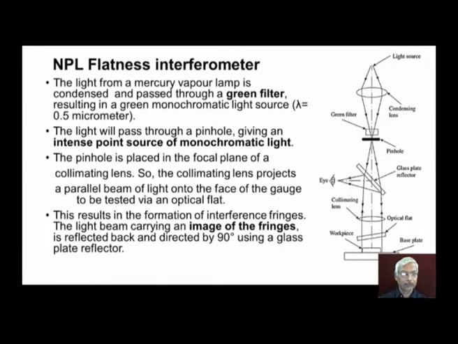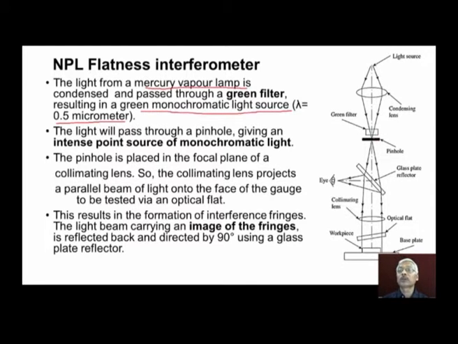Normally a mercury vapor lamp is used with a lambda of 0.5 micrometer, and we can see there is a condensing lens to condense the light to a point, and the condensed light will pass through a green filter, so we get a green monochromatic light source with wavelength of 0.5 micrometer.